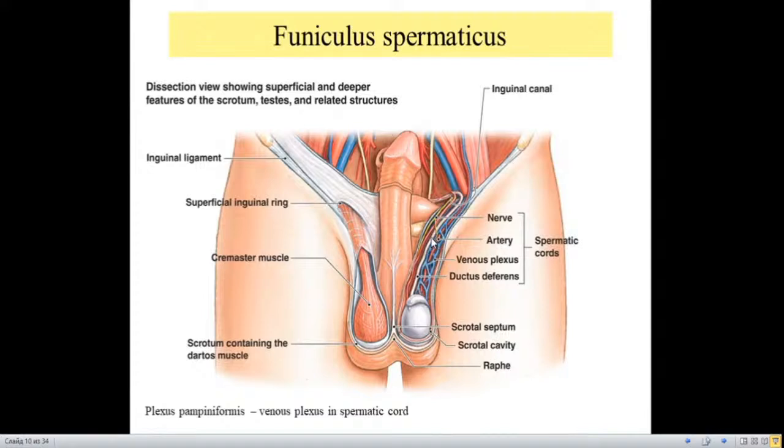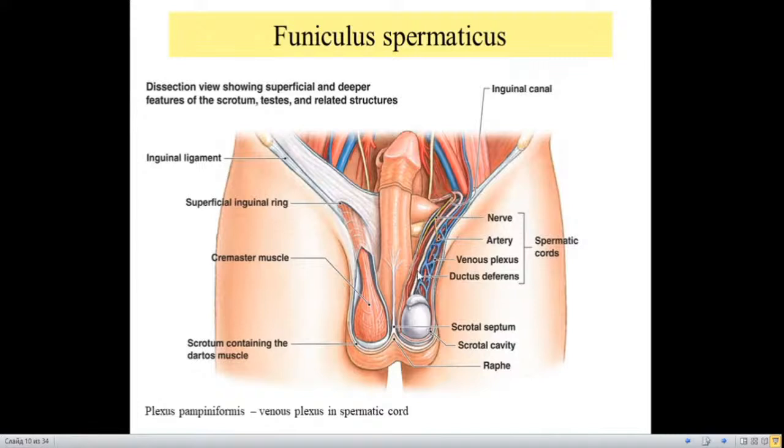And this deferent duct is accompanied by the testicular artery, the artery of vas deferens, and the testicular vein, and the veins actually form a venous plexus. This plexus is known as plexus pampiniformis. Keep in mind, the venous plexus of the spermatic cord, plexus pampiniformis.